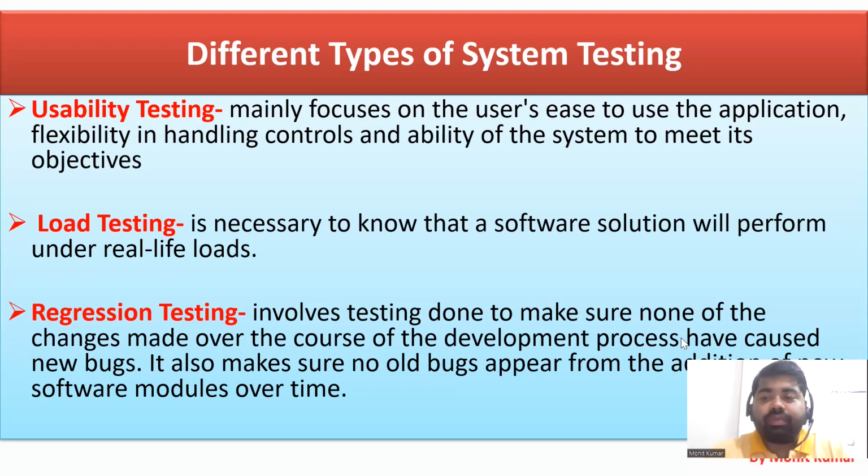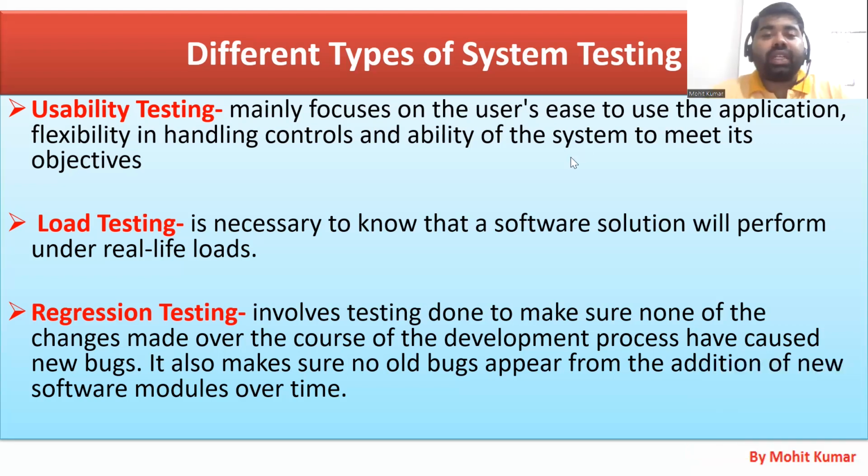Then regression testing. Simple regression testing: you are using some Amazon application, right? Or some different application. Tomorrow you can see some new features they have added, right? Who did this? The developer. The developer will make all the changes in the code base.